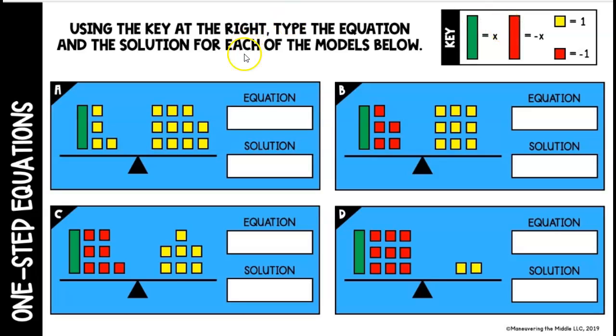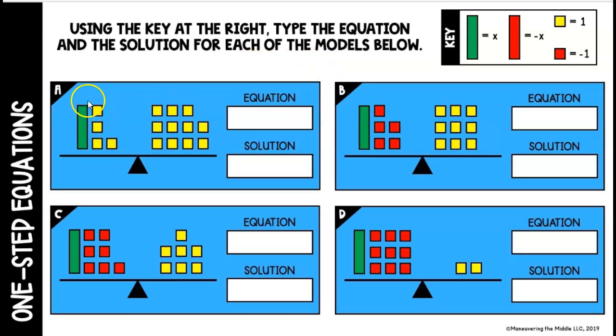We are going to be writing an equation. The green bar is equal to x, and the red bar is equal to negative x. The yellow cube is 1, and the red cubes are equal to negative 1. You can think of the yellow cube as a positive one. We don't typically write a positive sign in front of it, but think of it that way. That might help you with the problem.